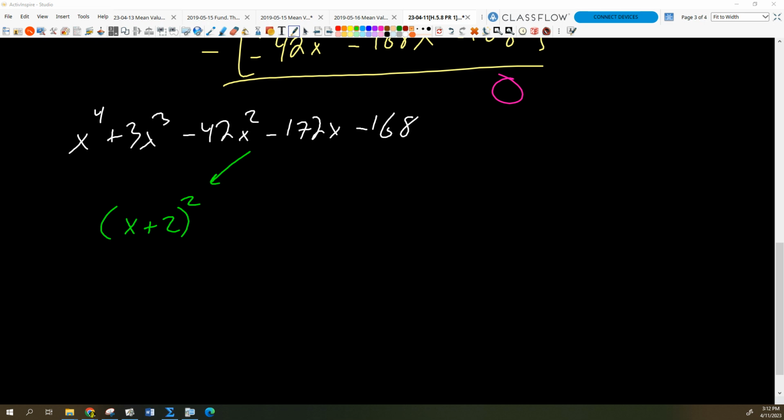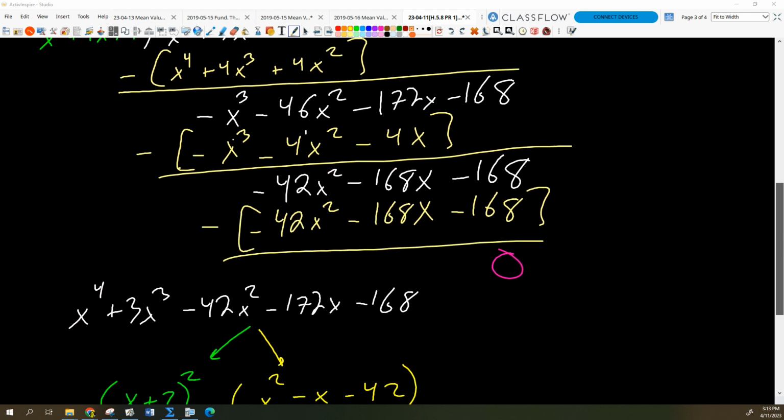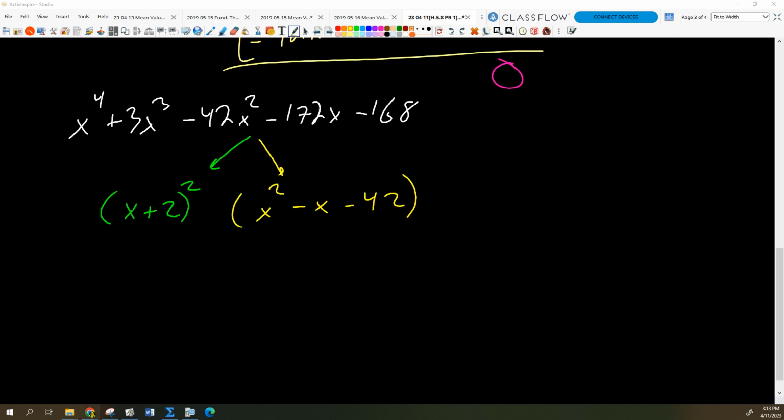That's what we divided by, times q of x, which was x squared minus x minus 42, right? We just substituted in q of x. Okay, that breaks apart again. What does that break apart into?